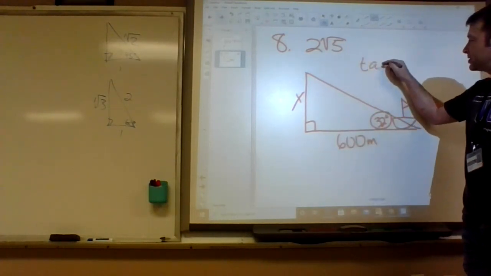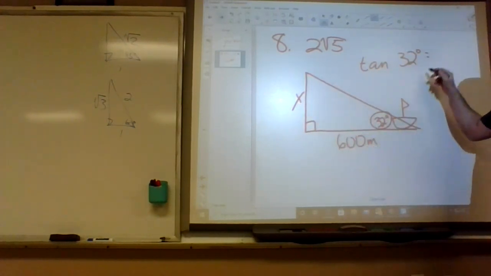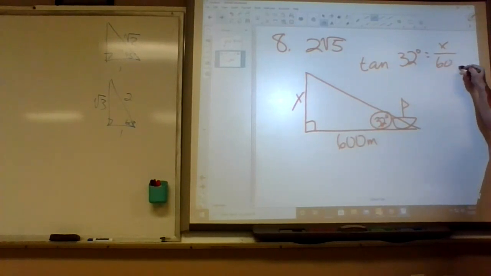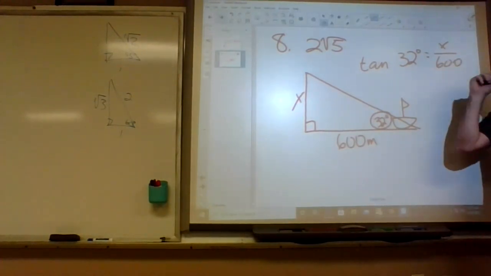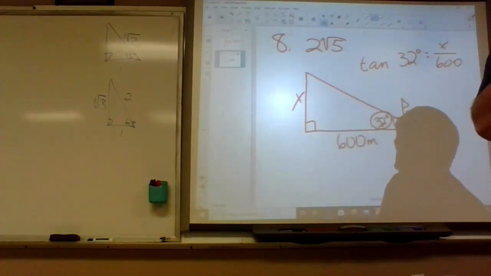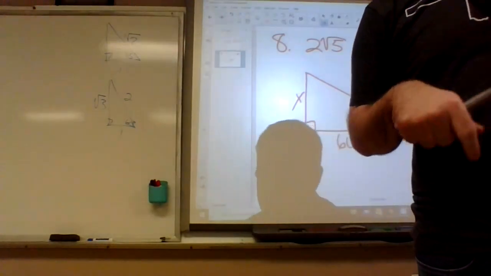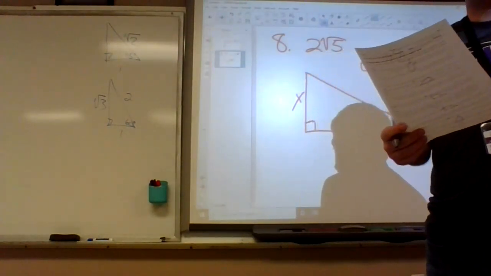So tangent of the angle equals opposite over adjacent. So how do I solve that? Multiply by. Tangent 32 times 600. The directions said round to the tenth place, which is the first decimal place. Number 1 on the back.